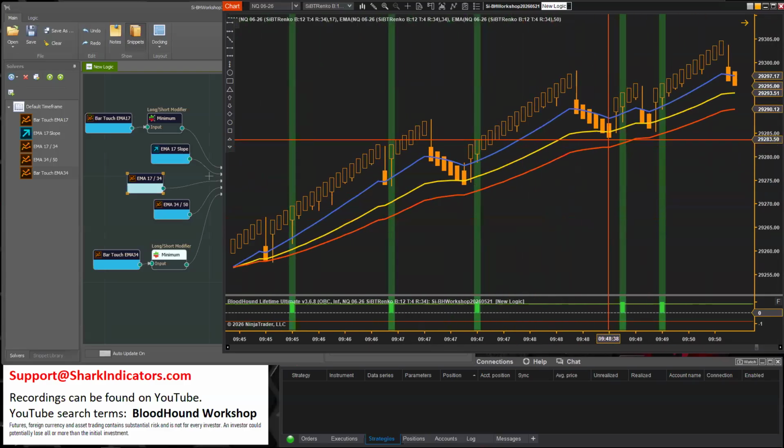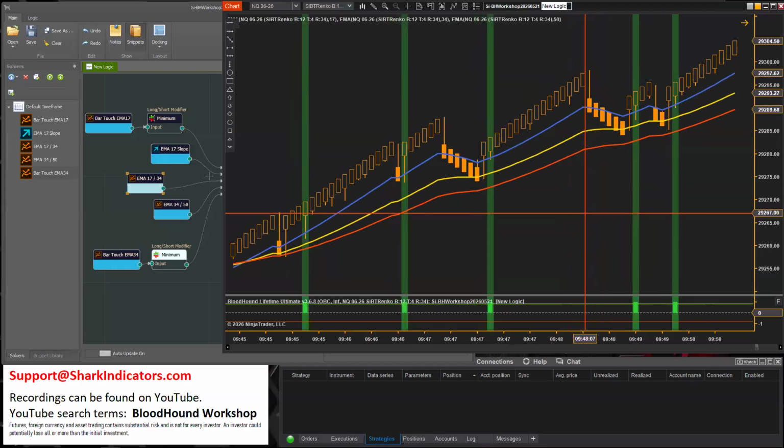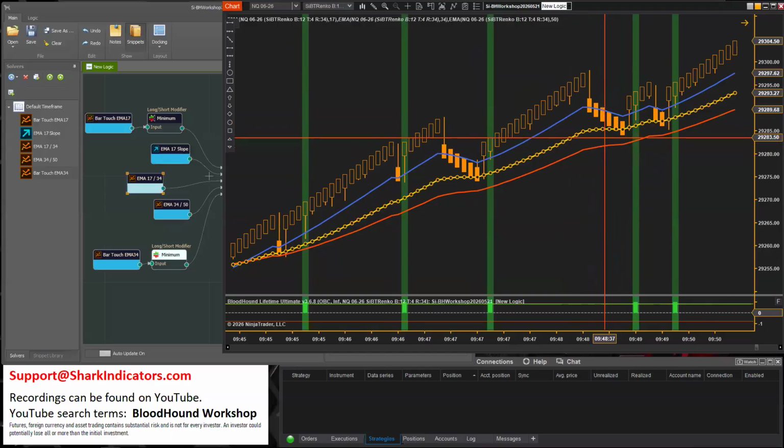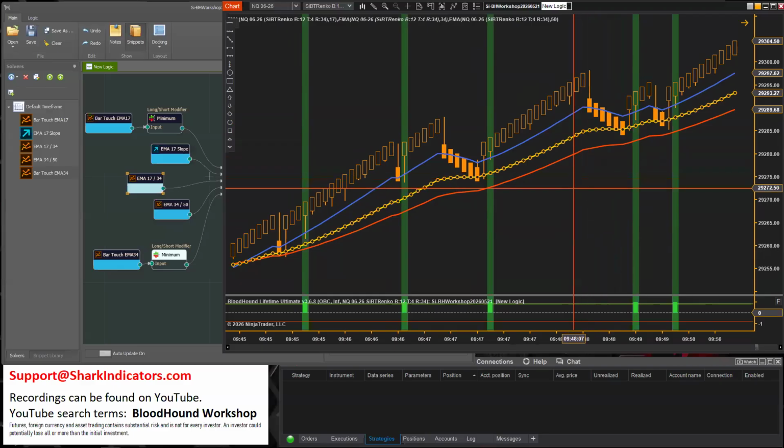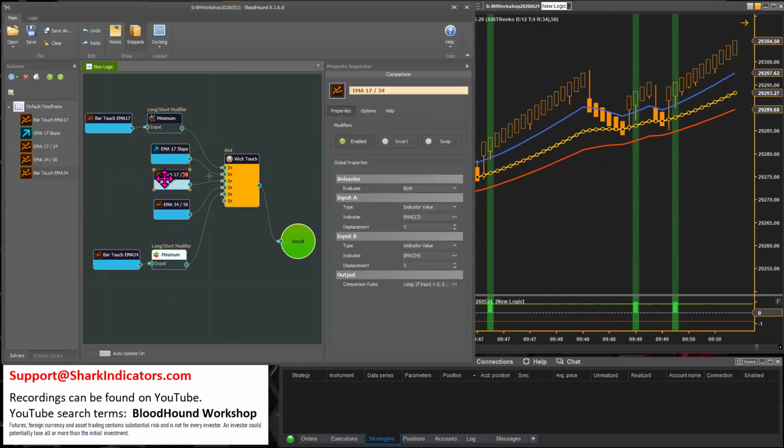So maybe the wick of the reversal bar is to be ignored there, and instead only invalidate that signal if the bar actually crosses, not just touches, but crosses that moving average. Use that to eliminate the signal there. So let's see here.